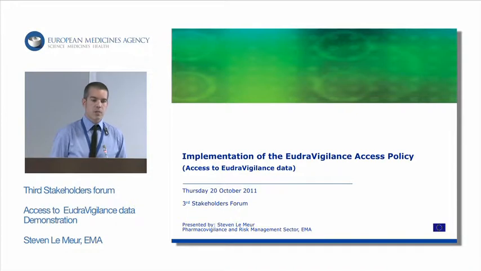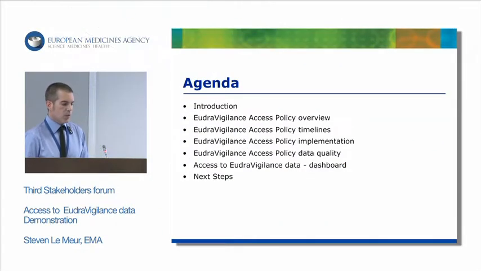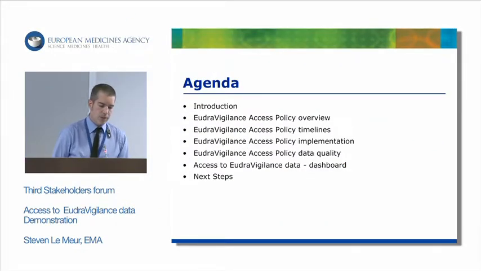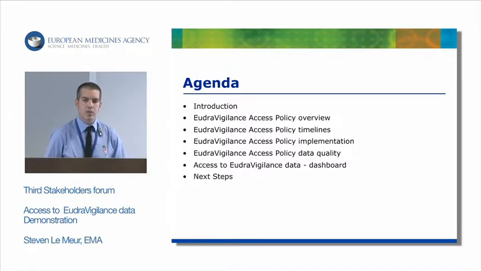Can I have the next slide, please? So we'll have a short introduction. After that, we'll look at an overview of this access policy to explain the goals and who's going to access what and how. We'll look at the timelines. After that, we'll look at the implementation itself.